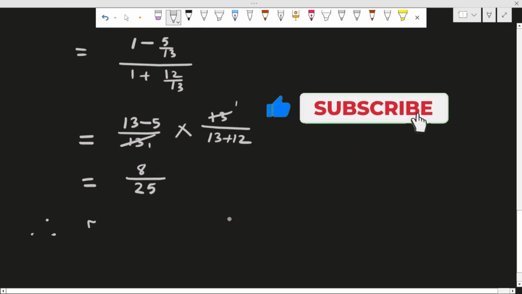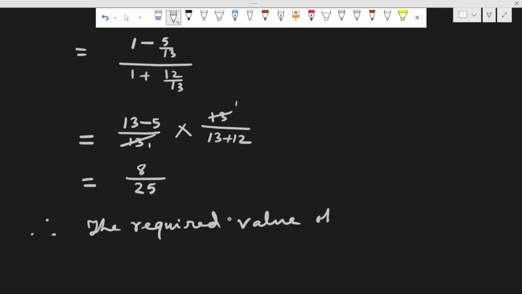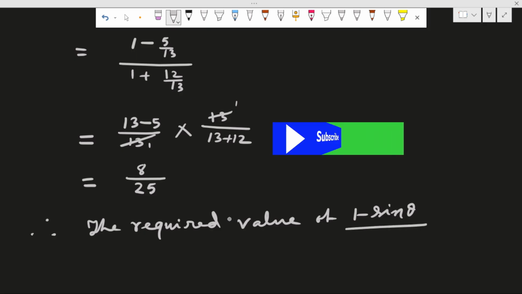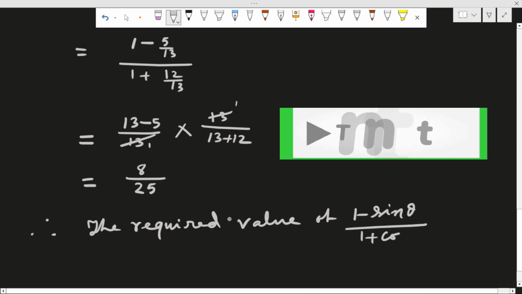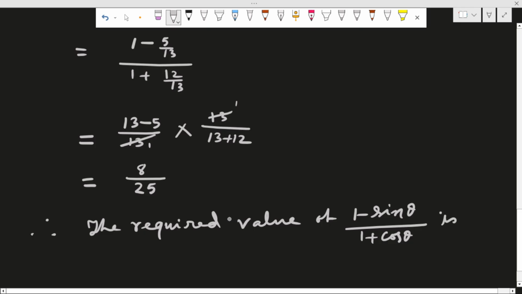Therefore, the required value of 1 minus sin theta by 1 plus cos theta is 8 by 25.